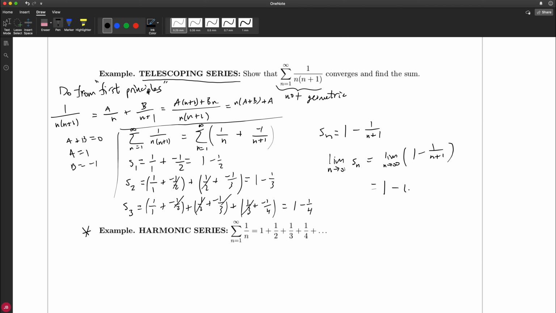So it looks like this limits to 1 minus 0, which is just 1, right? So since the limit of the partial sums converges, the infinite series also converges, and we would say that it is equal to 1. So hence the sum n equals 1 to infinity, 1 over n times n plus 1, equals 1. Done.